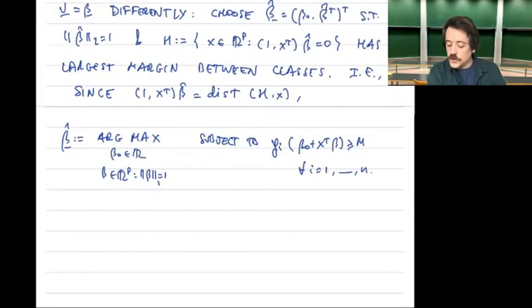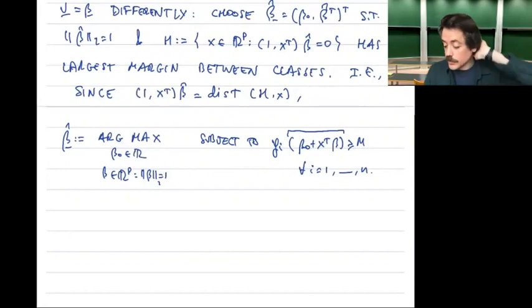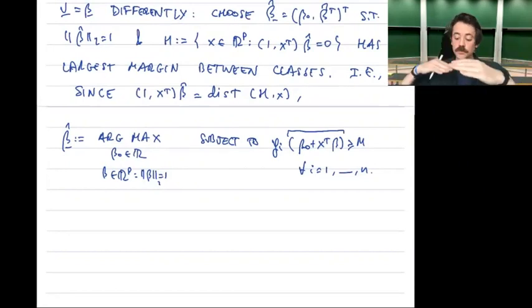It should be clear, because this is the distance. When you're on the label 1, the whole distance is greater than or equal to capital M. The guys on the other side, we also want their distance, but we multiply it by -1 because the distance is negative if you go underneath the hyperplane. So we multiply it precisely by the label, and this is why we choose -1 and 1. It's just for convenience.